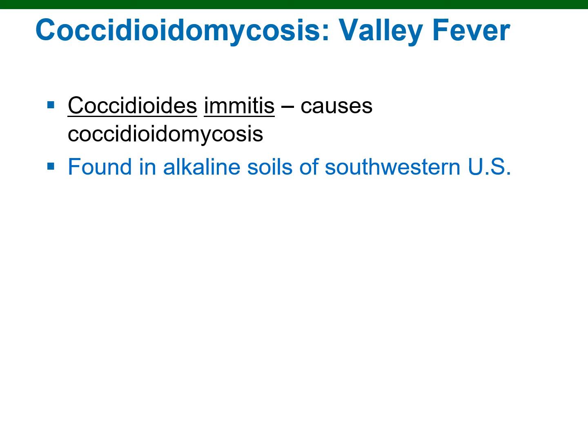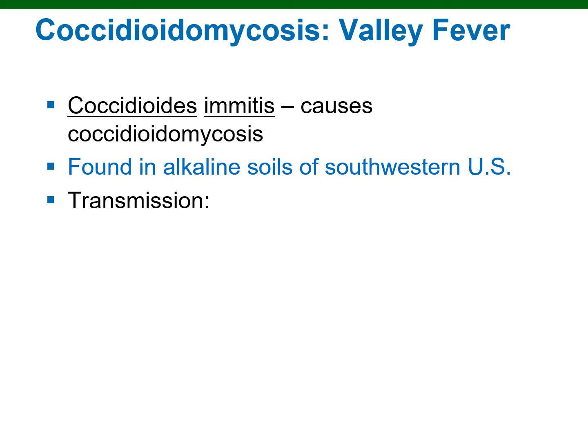And we know that alkaline soils in the southwest of the United States, including California, can carry this particular mold in the soil, not necessarily associated with bird droppings like with histoplasmosis, but we find that the transmission is very much the same.